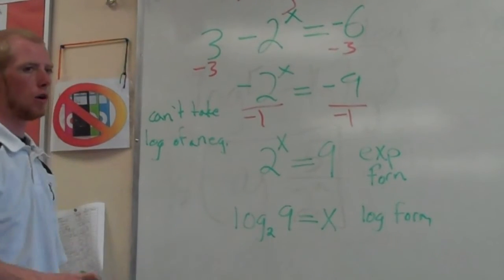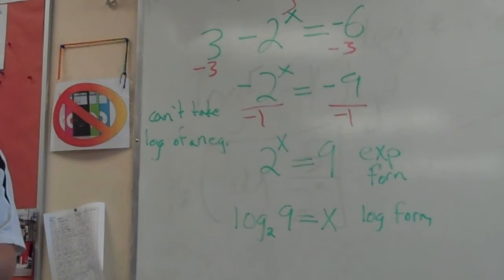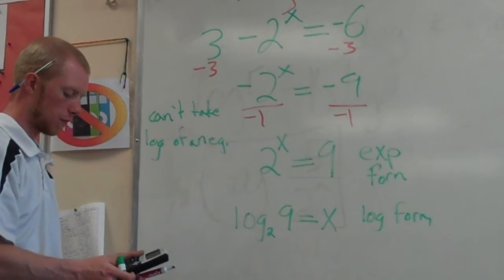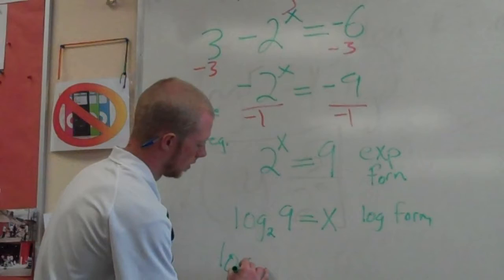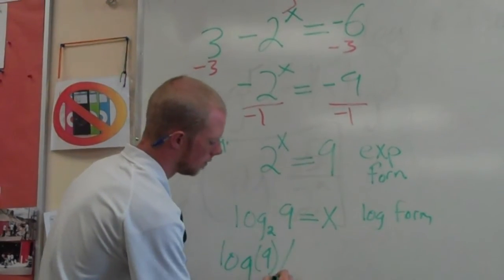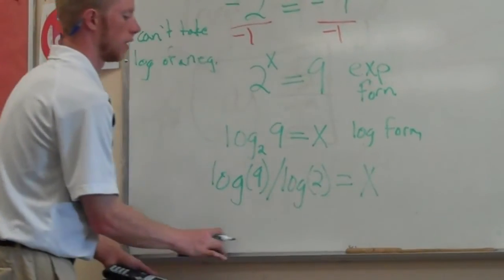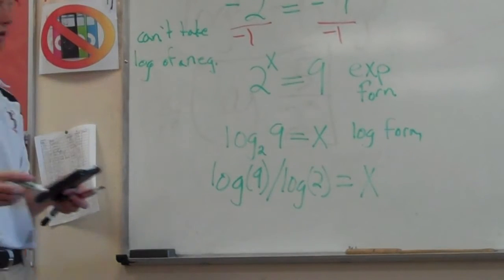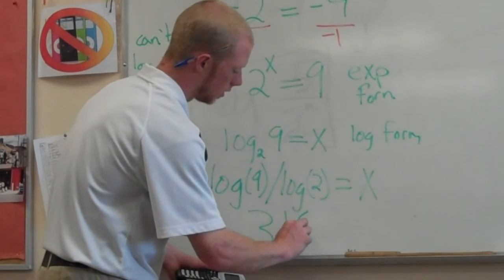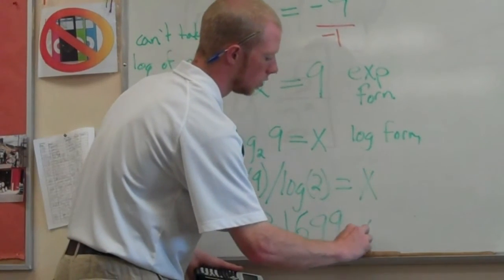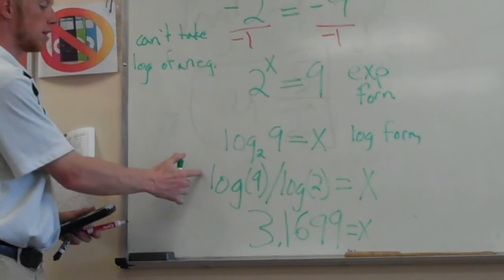At this point, we've learned that we can't put it in our calculator just like that, but that we can do log of 9 divided by log of 2 equals x. When you put that into your calculator, you get 3.1699 equals x.